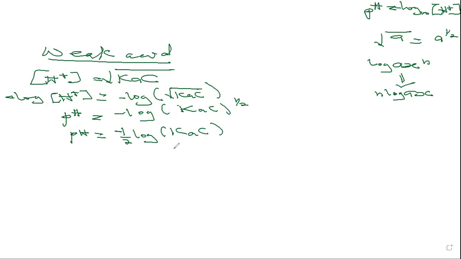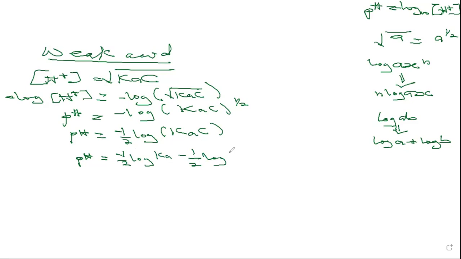Good. Now, once again, by logarithm, we know that whenever you have log of AB, this can easily be translated into log of A plus the log of B. And so we can apply the same idea here by saying pH is equal to negative half log of Ka, and then ideally it's supposed to be plus, but the negative sign here will take over, so minus the same half multiplying the log of C. So that is what I'll have.